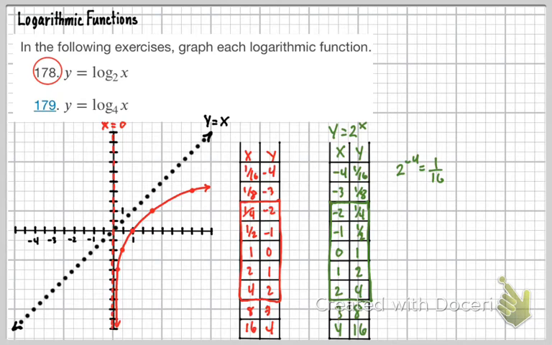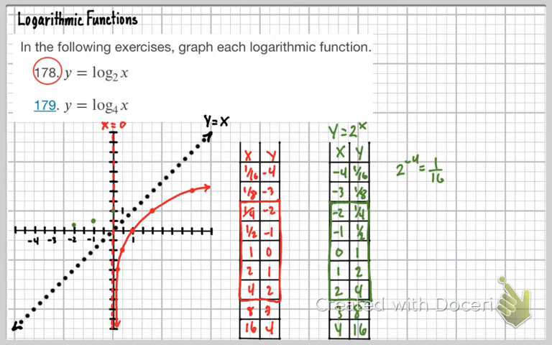So that'll be right there. And the next one is going to be -1, 1/2. That'll be there. And then it's going to be 0, 1.